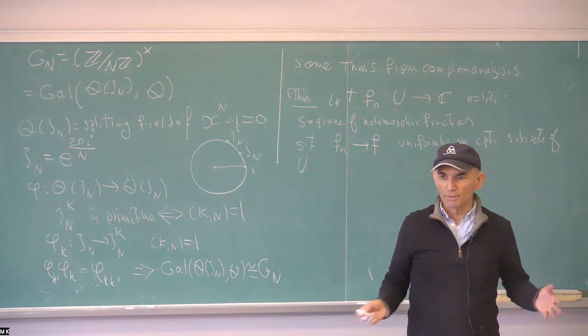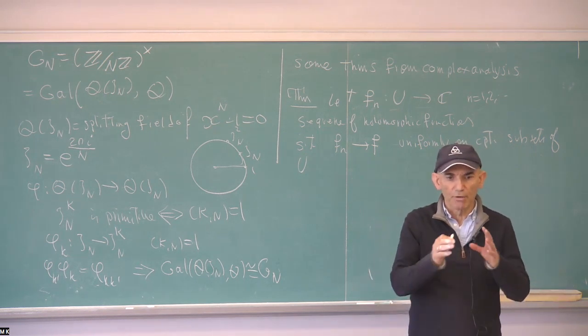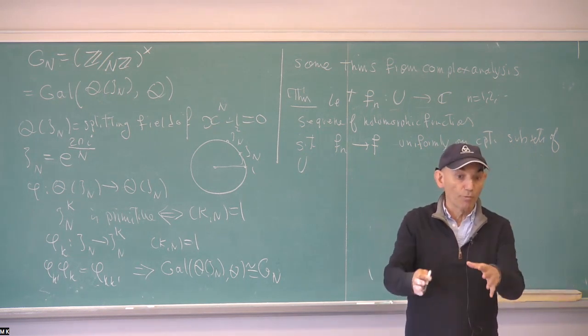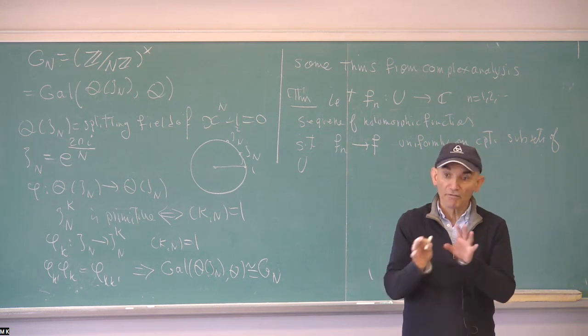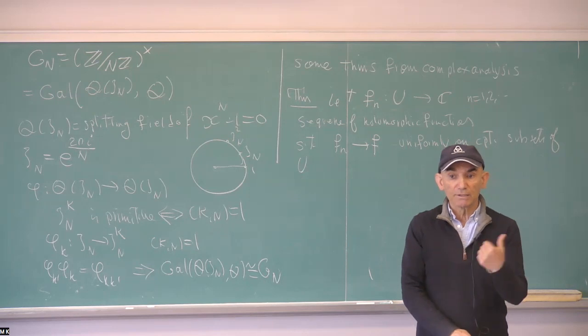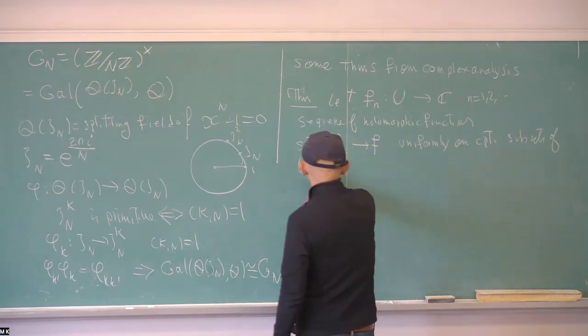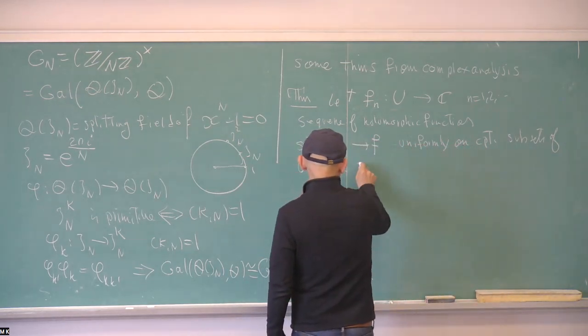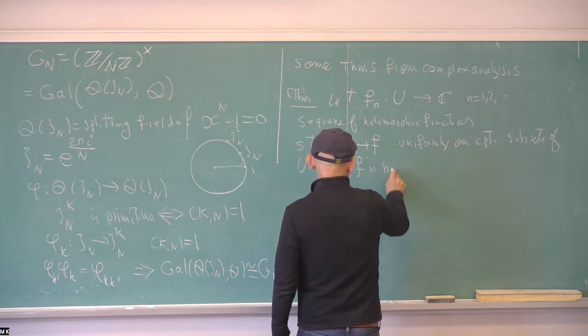Uniformly on compact subsets: for any compact subset K of U, the sequence converges uniformly to F. F_n is given, F is also given. Now the claim is that this F again is holomorphic.